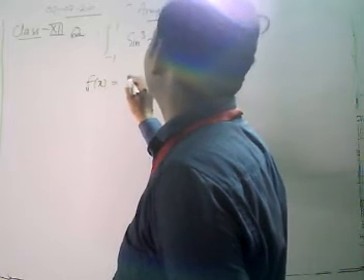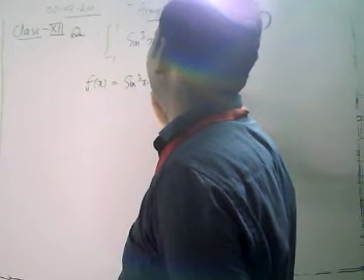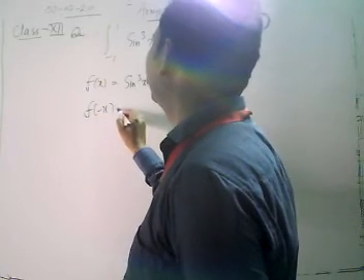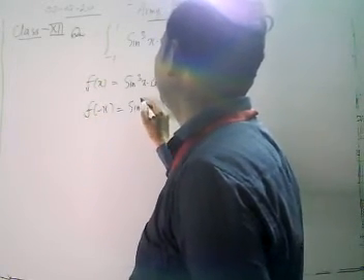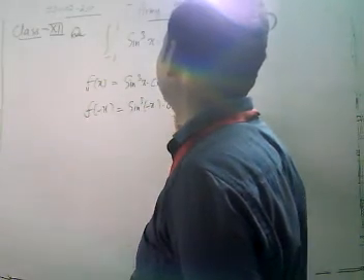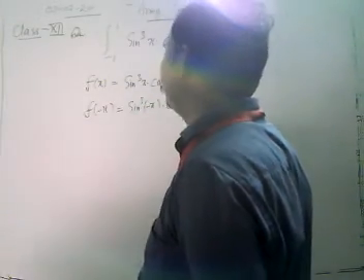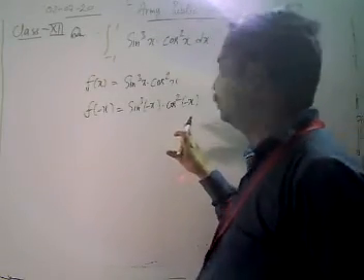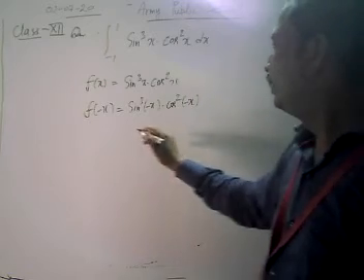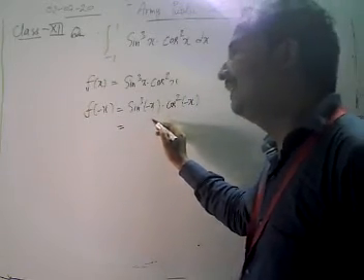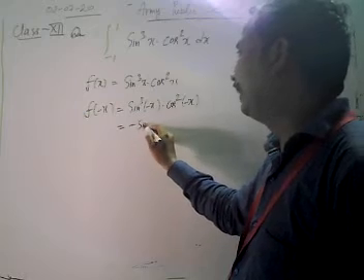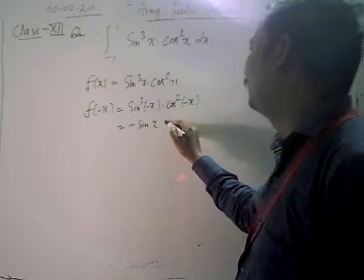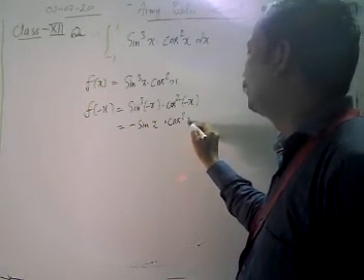Again we will start by taking our function. First of all, f(x) is sine cube x into cos square x. Now f of minus x is sine cube of minus x into cos square of minus x. Again, sine of minus theta is minus sine theta, and it's an odd power, so it's minus sine cube x, and cos of minus x is cos x, so cos square x.